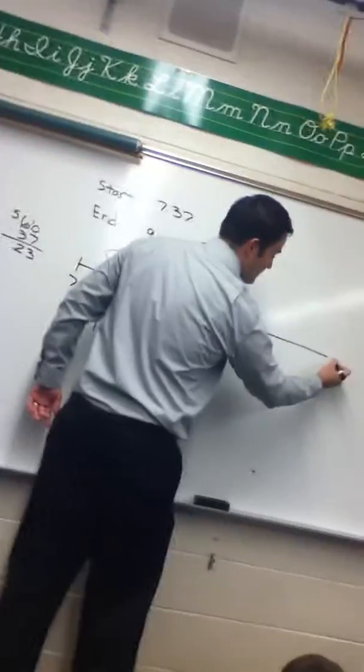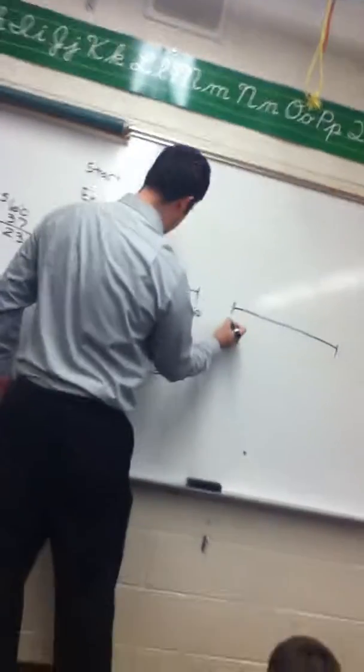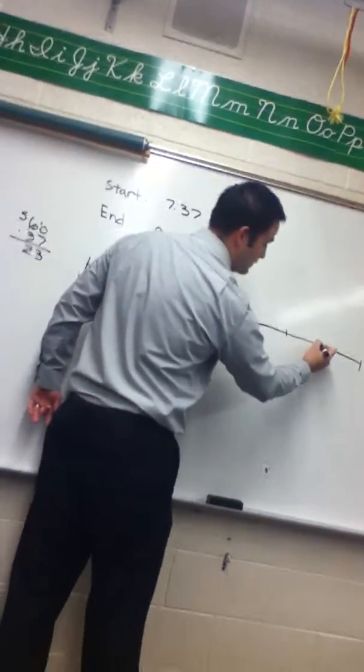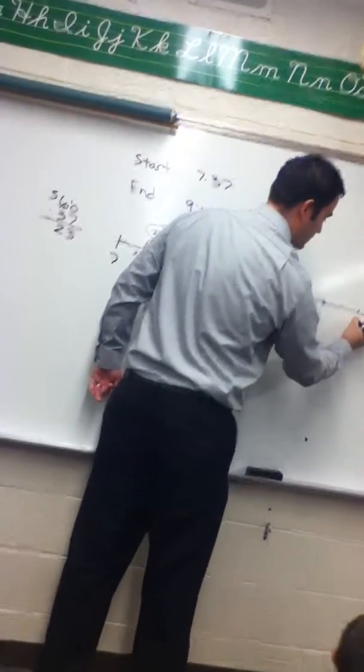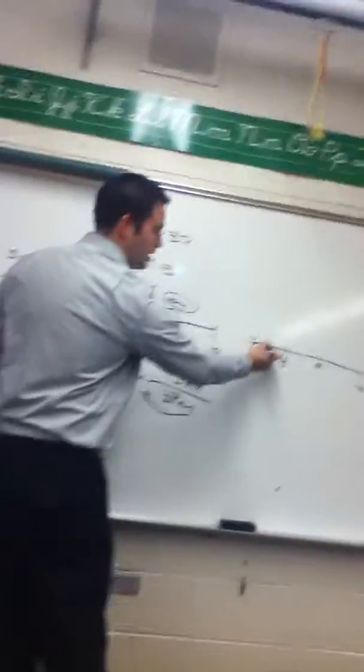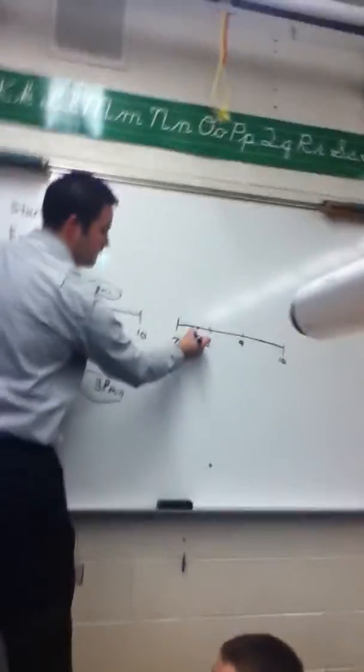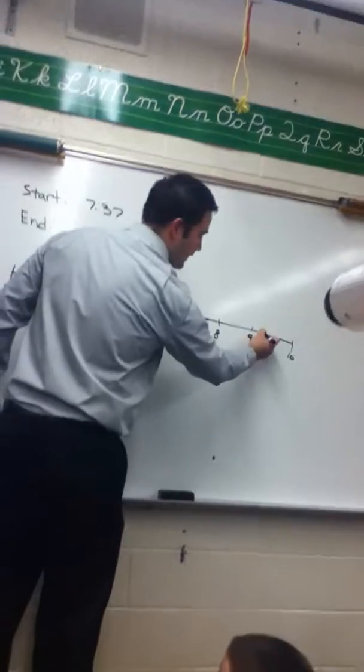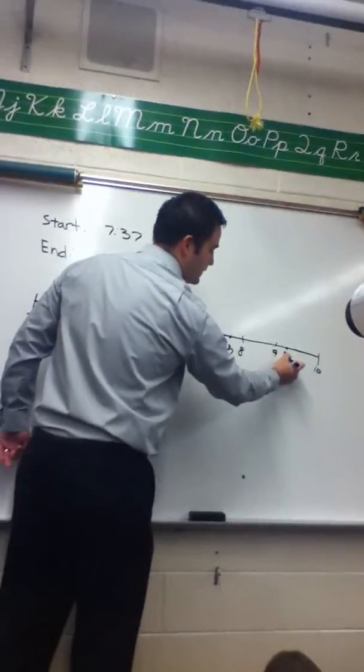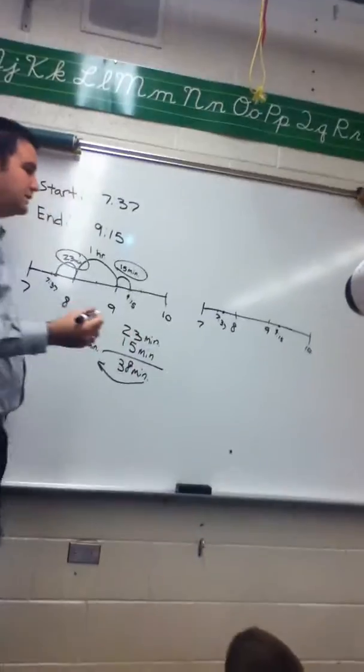So I'm going to make the same number line. Started at 7, 8, 9, 10. And we started at 7:37, ended at 9:15. Some kids like to do a full hour jump first.